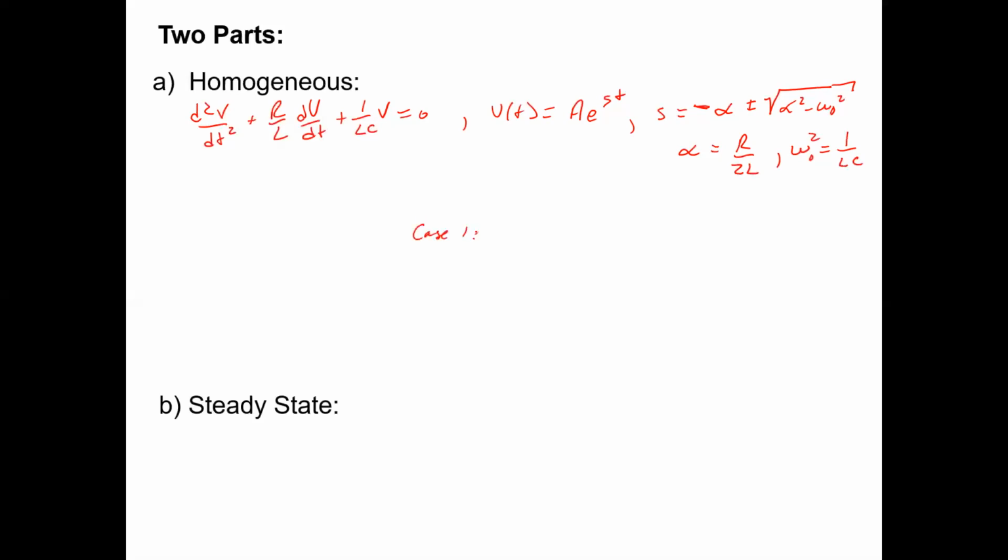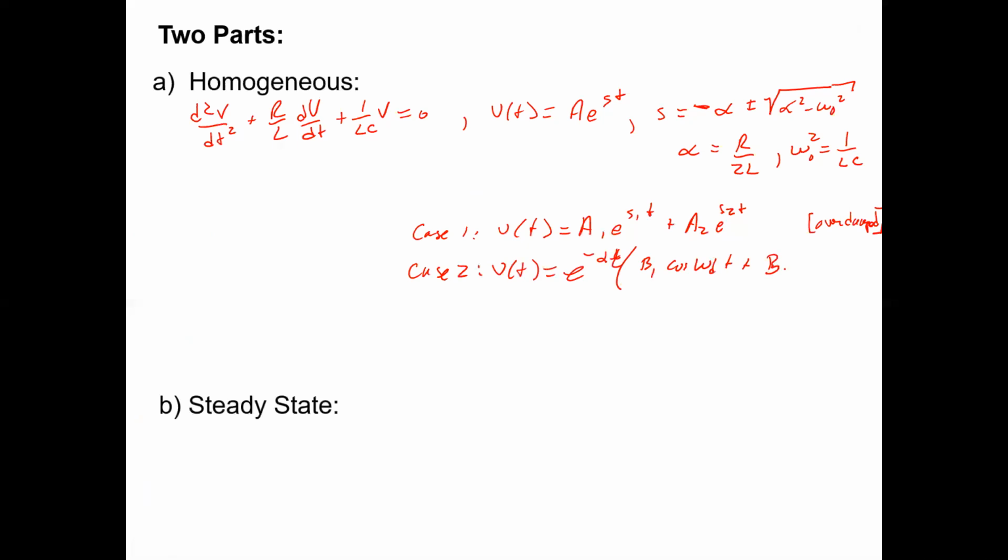And case 1 is, of course, v of t equals a1 e to the s1t plus a2 e to the s2t, which is overdamped. Case 2 is v of t equals e to the minus alpha t times b1 cosine of omega d t plus b2 sine of omega d t.